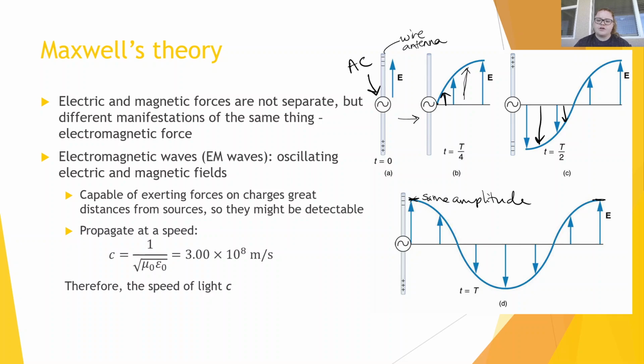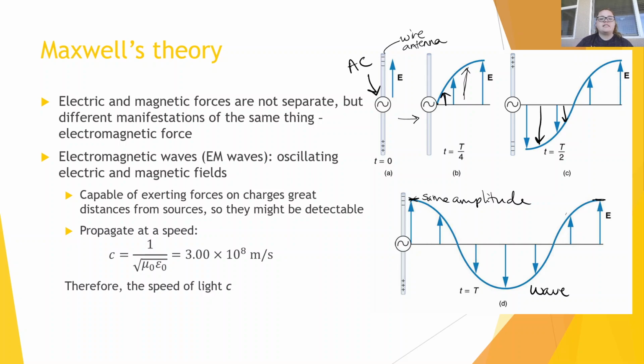So due to this alternating current, we can look at our electric field and see how it changes. I think it'll be on the next slide, but this is what we call a sinusoidal wave. So this shows that we have some sort of wave-like motion.